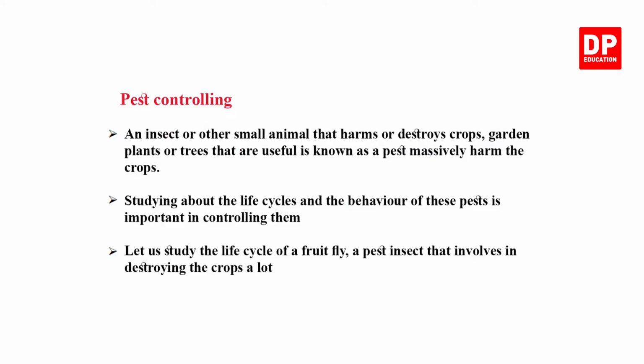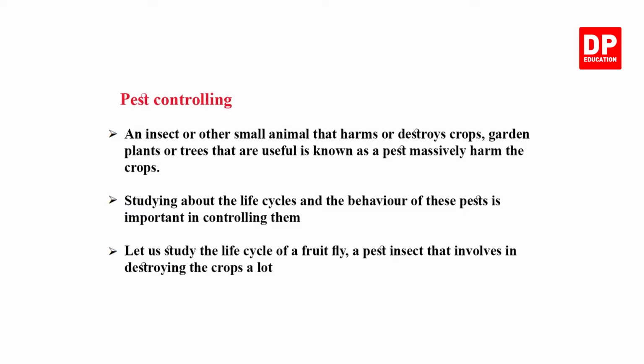So the first and foremost topic given here under the uses of studying life cycle is pest controlling. An insect or other small animal that harms or destroys crops, garden plants or trees that are useful is known as a pest.